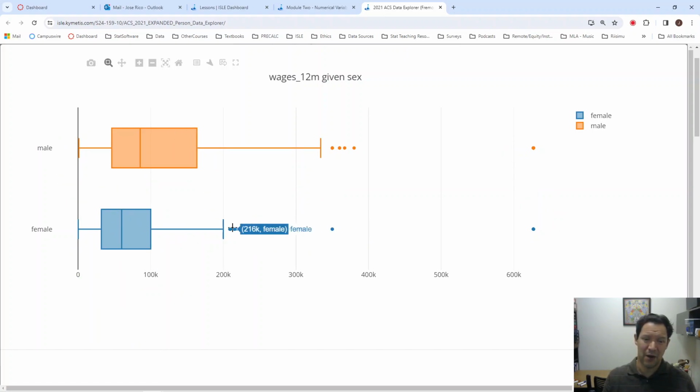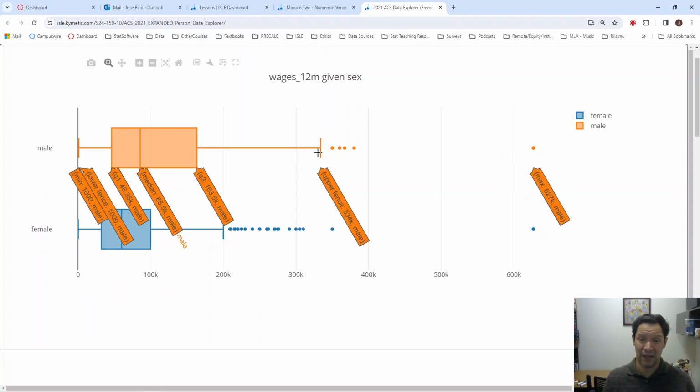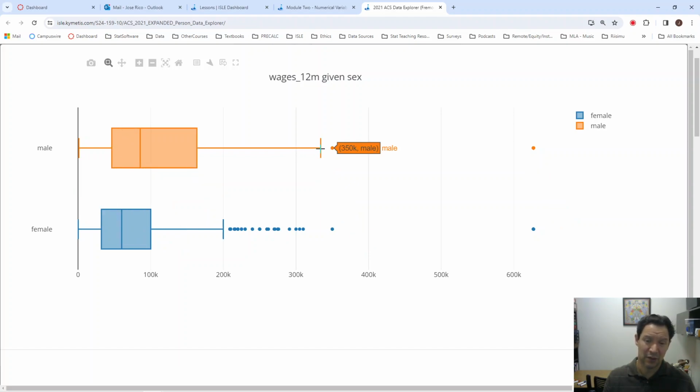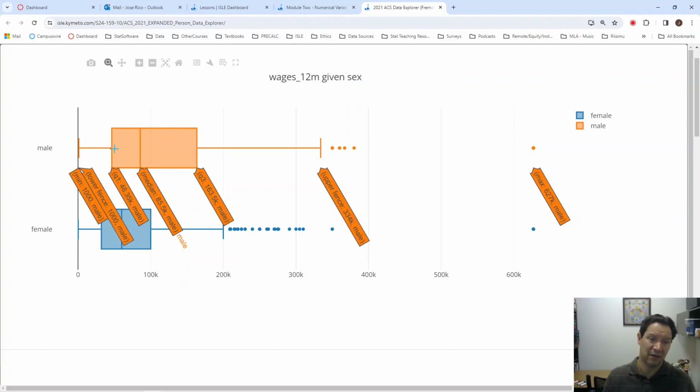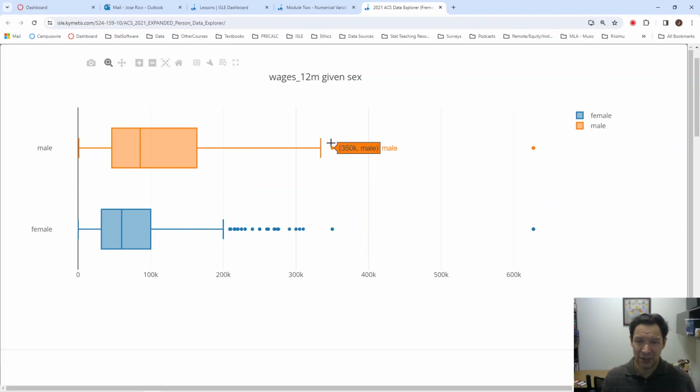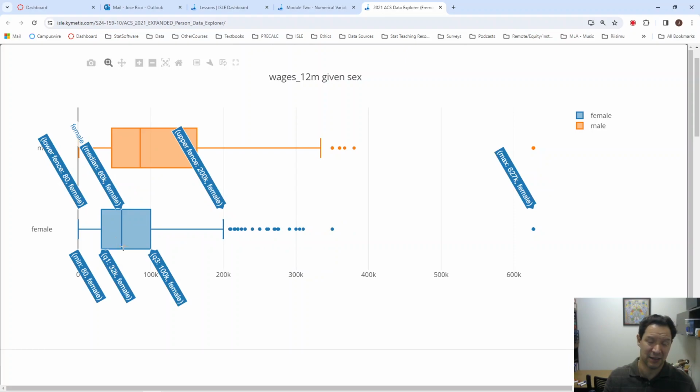You can see women outliers start at 200,000, men outliers start at 334. But that's really more a feature of the variation of this box. Because remember, the whisker is typically 1.5 times the length of the box. So it doesn't really mean that much to say outliers start here or outliers start here. That's not really the consideration. It's more about where these boxes lie.